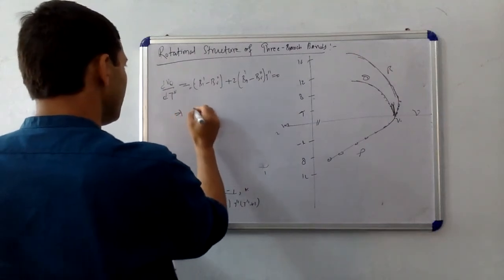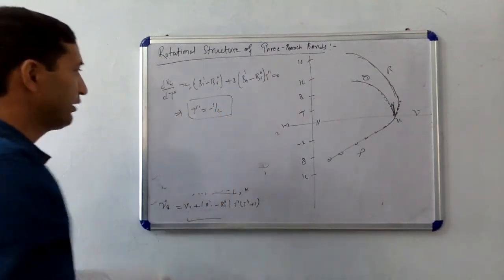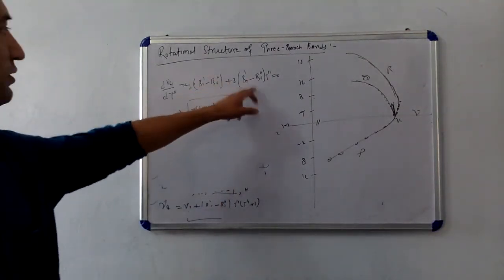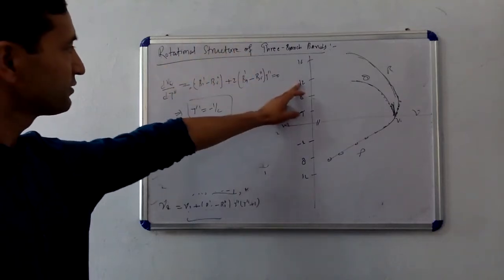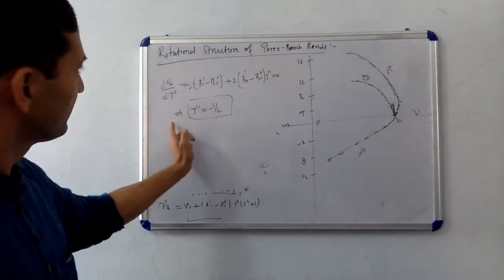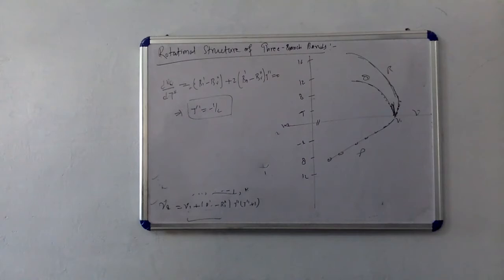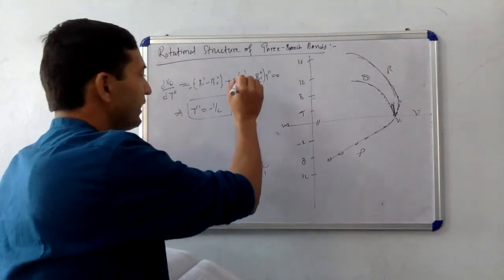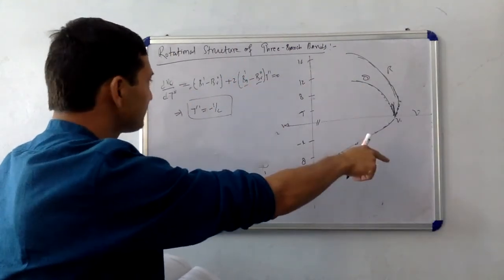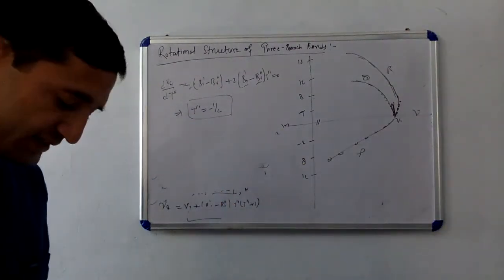From here you have J double prime is equal to minus half, because this quantity is cancelling out, and you are taking the minus 1, then 1 upon 2. Whatever the values of B nu prime and B nu double prime, the vertex for this Q is happening at this J double prime is equal to minus half.